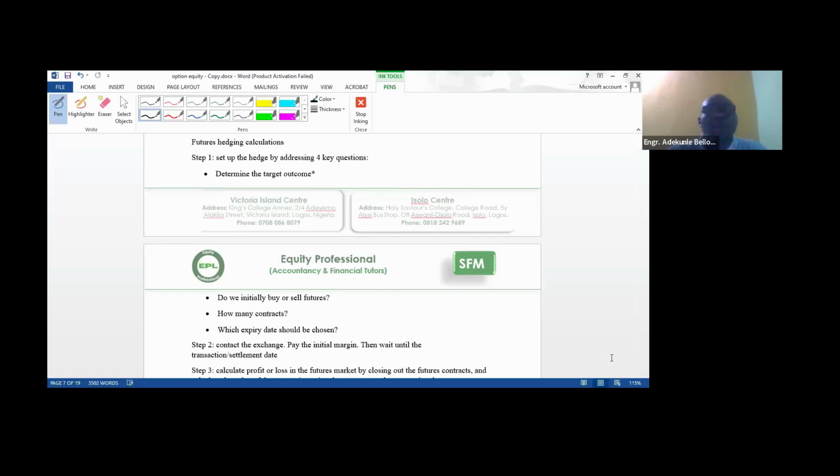Don't forget, calculate the number of contracts needed. These 4 questions must be answered in step 1. Determine the target outcome. Do we sell or buy futures? How many contracts are needed? Which contract expiring date is to be selected?